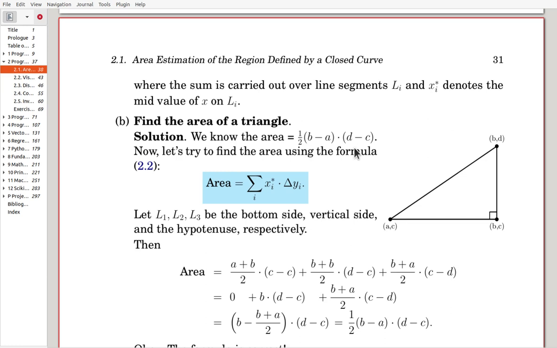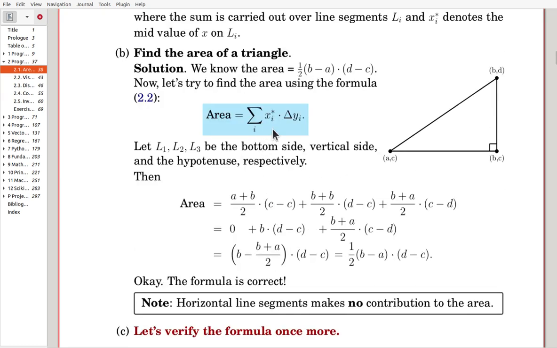We know that. Now we'll try to check if this formula is correct. If we follow this formula, then the center value of x for this line segment is a plus b over 2, and in the y direction the values are c and c, so that's c minus c.